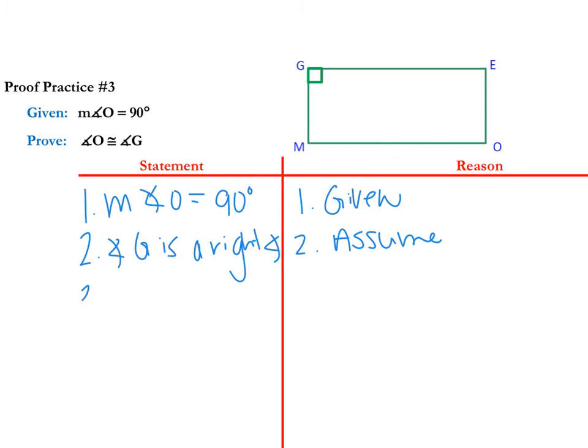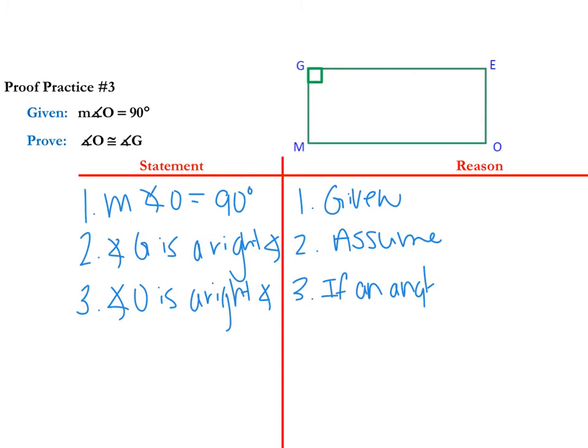We are going to state that angle O is a right angle. Reason being is because if an angle has a measure of 90 degrees, then it is a right angle.